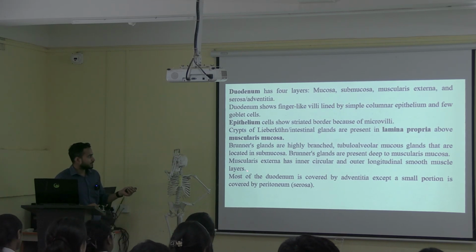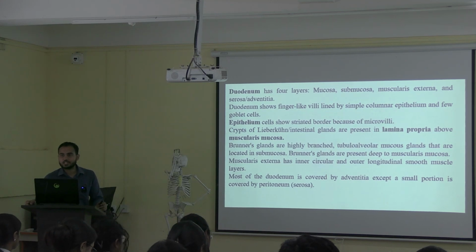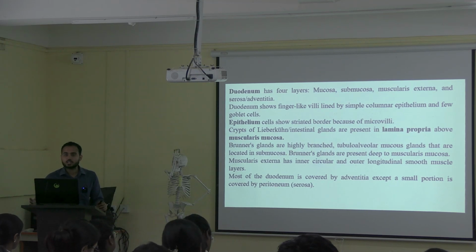Next, muscularis externa, the same inner circular outer longitudinal layer. Other things are the same, you will not get any changes. The only thing you have to notice is the submucosa, which is packed with Brunner's gland.